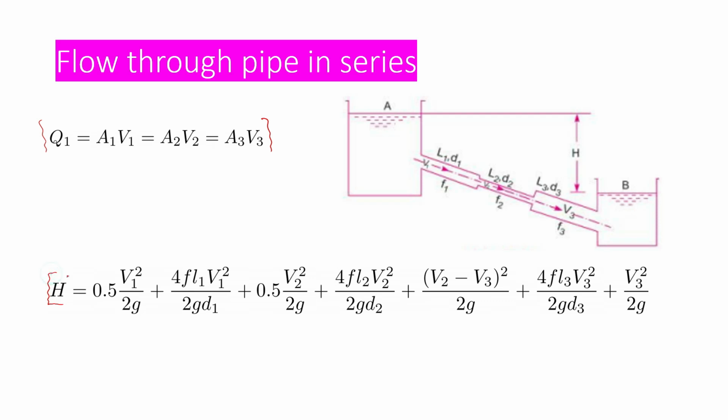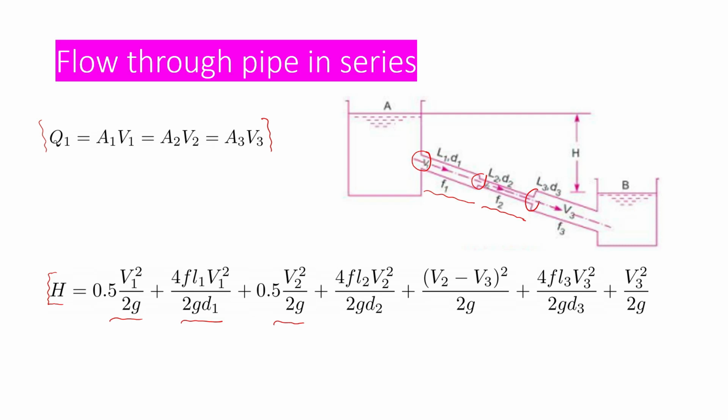So this head difference is equal to 0.5 V1 square by 2g. This is the head loss occurring here at the entrance to the pipe, and we have a frictional loss, that is 4 FL1 V1 square by 2gD1 in the first pipe, and we have a sudden contraction loss that is equal to 0.5 V2 square by 2g, and then we have a major friction loss, that is 4FL2 V2 square by 2gD2.